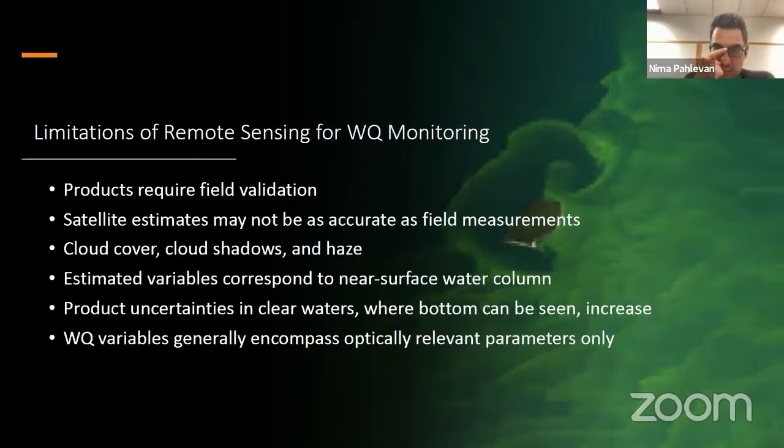Water quality variables generally encompass optically relevant parameters only. So if you desire to measure or infer dissolved oxygen, or conductivity, or nutrients, you have to relate those to satellite-derived pigment concentrations, or TSS, etc. Next.